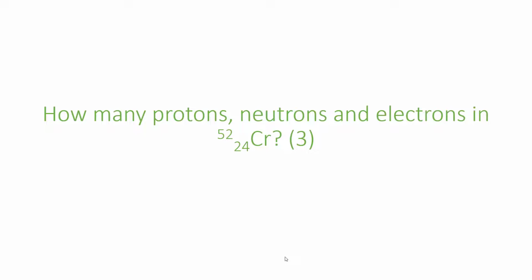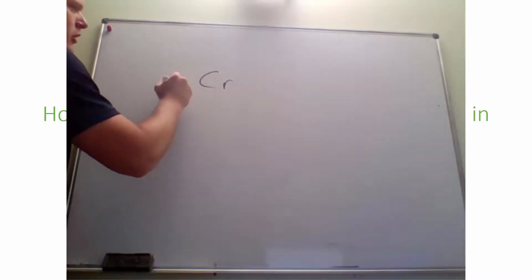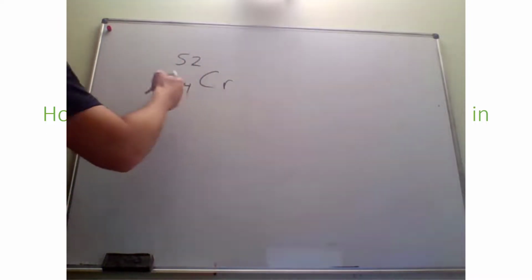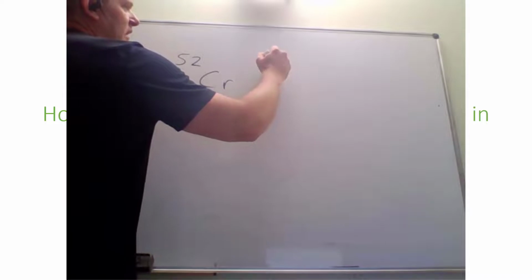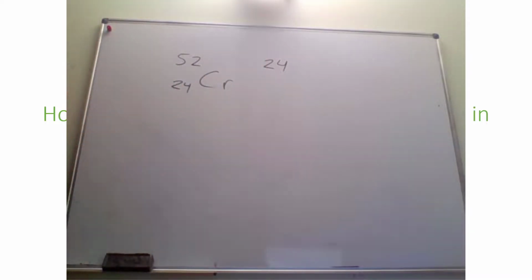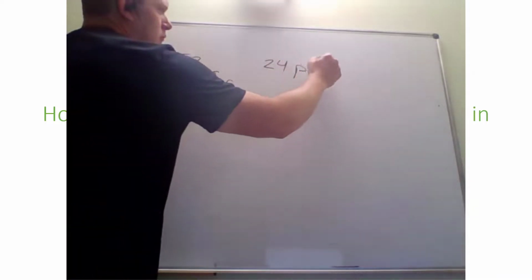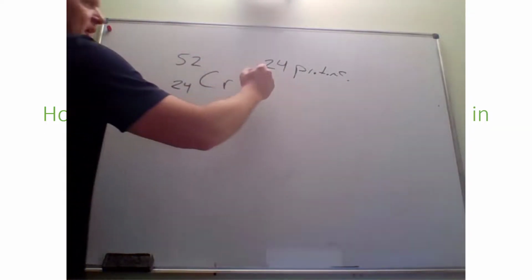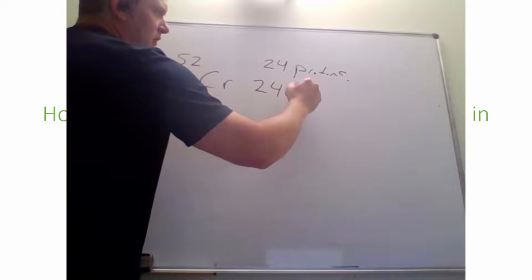So the answer here is, for our Cr-24, 52, we can see our number of protons is 24, which is given to us by our atomic number. Since this is a neutral molecule, we know that the number of electrons is also going to be 24.